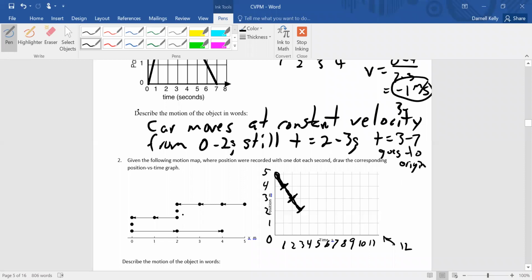So we're going to go from 3 to 5 seconds, 2 seconds at 2 meters. So we are at rest for 2 seconds. And then we keep on going forward, dip down to 1 meter in 1 second. So is this making sense? Sort of. Excellent. Let me know.